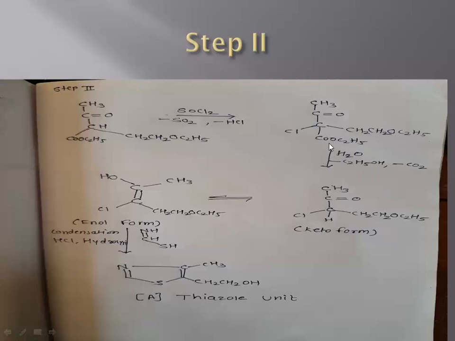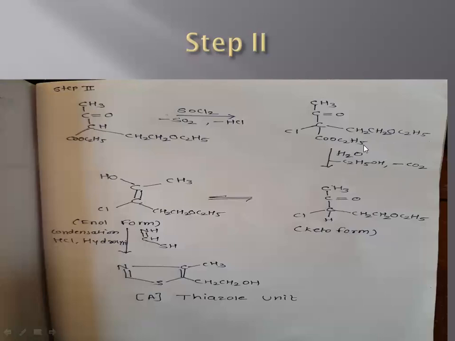Let's see again. First, this one is our component where the reaction is going to take place. The bond between COO and C2H5 will break. So CO2 will be removed as a leaving group. After that, this C2H5 will react with the OH, and one hydrogen is added here, as H2O was ionized into H plus and OH minus.